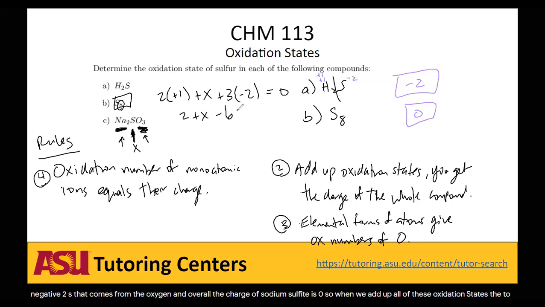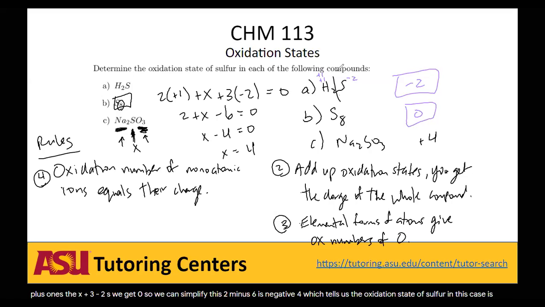So we can simplify this. 2 minus 6 is -4, which tells us the oxidation state of sulfur in this case is +4. I guess I'll change it to purple. Keep true to what we're doing. +4.